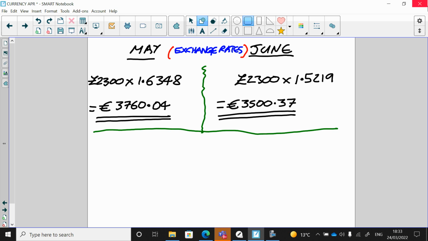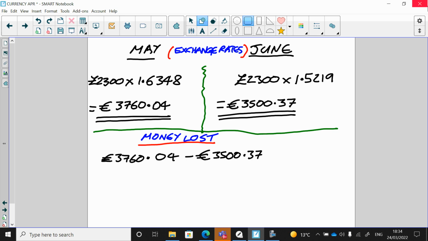In the question, they were asking about this person called FACA. How much did they lose? So take the big number and subtract the smaller number. Take the May value in euros and subtract the June value in euros. That will be what they describe as the money lost. Just pop that in your calculator and see what you get. 259.67, does your calculator give you that?